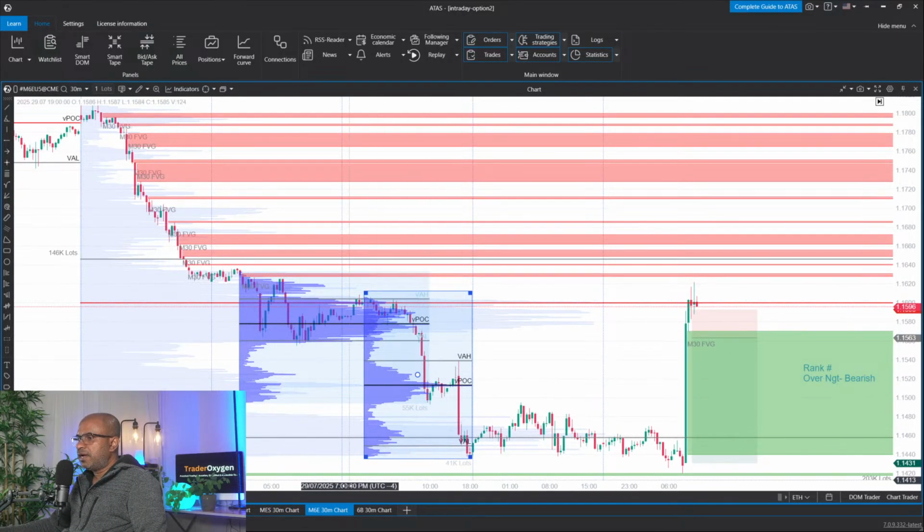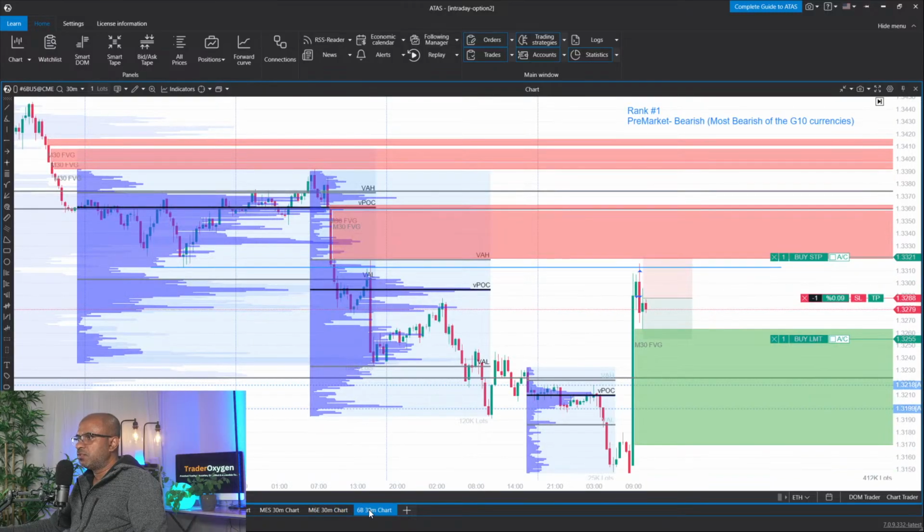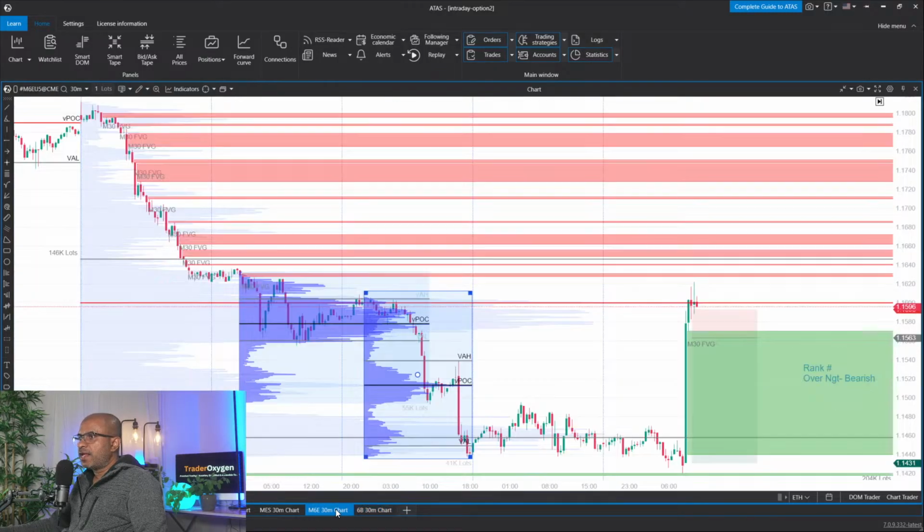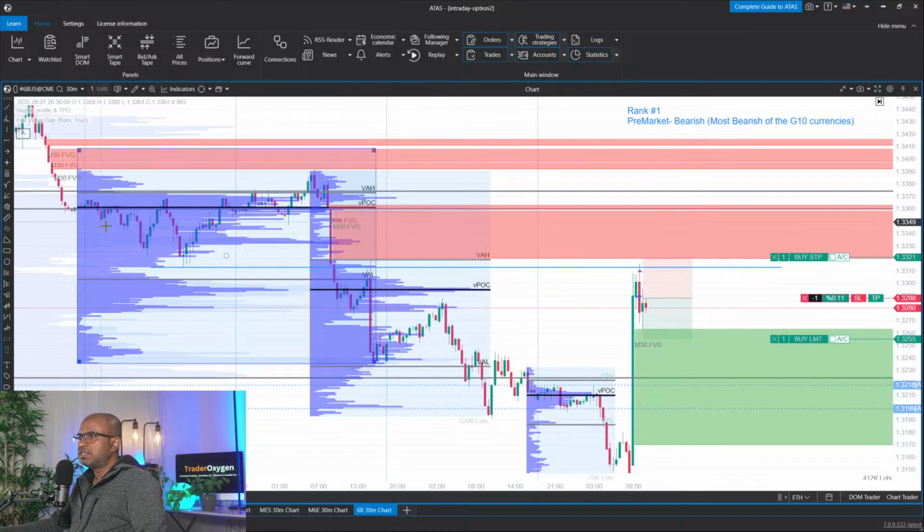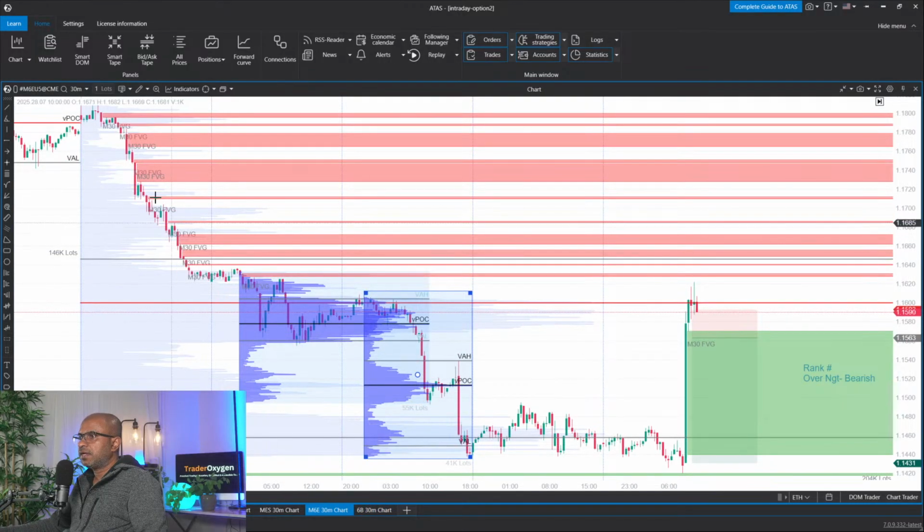Then when you look at Euro futures and GBP futures, out of the two, if you look at the price action, you can see the GBP futures has a sharper bearish sentiment, bearish market structure, bearish price move compared to Euro futures.